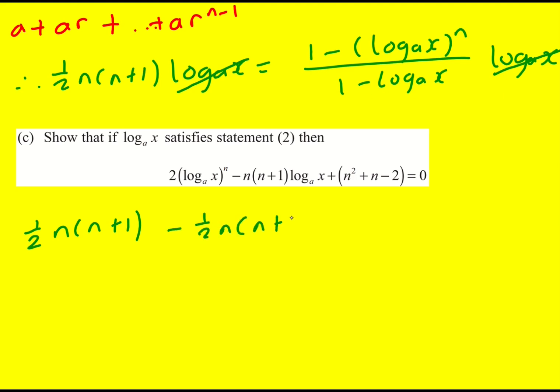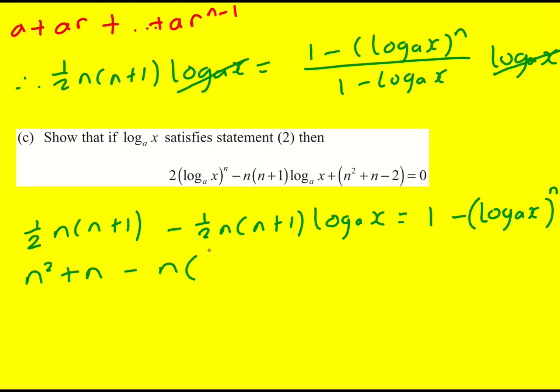And I expand the bracket. I can multiply through by 2 and then expand this bracket, n squared plus n. Not this one. See, I've got to keep track of what we're actually trying to get to. Leave this one as it is.